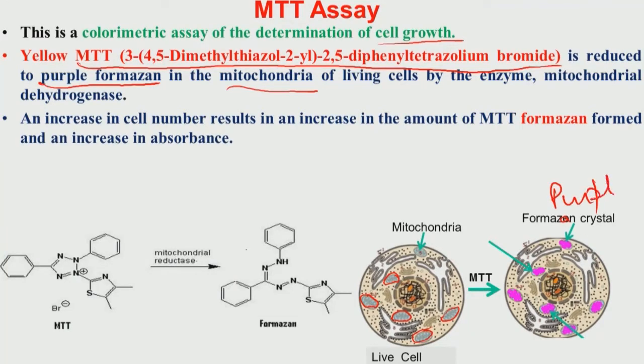So, certainly this purple color, this optical density, would now be quantified in terms of the increase in absorbance, and this increase in absorbance will be proportional to the number of mitochondrially viable cells.